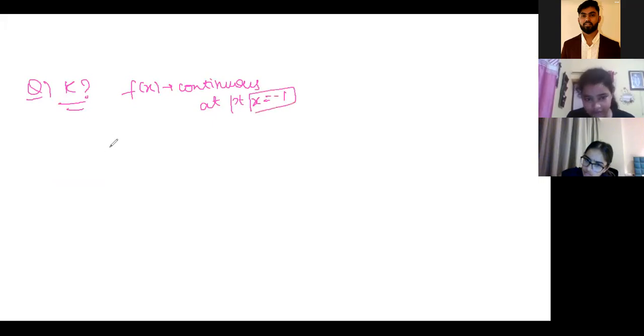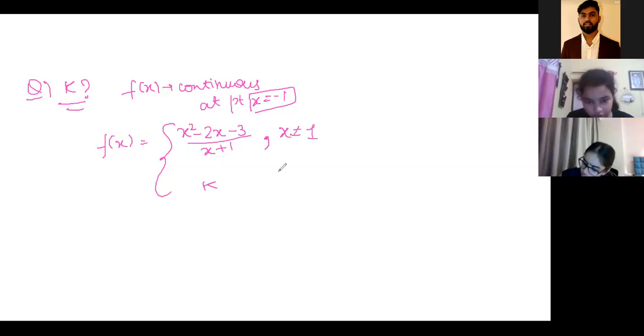The function is x square minus 2x minus 3 upon x plus 1 when x is not equal to minus 1, and k when x is equal to minus 1. So, like the previous question, you just have to continue in the same way. Try it out. You have 3 minutes, and then we will discuss it.